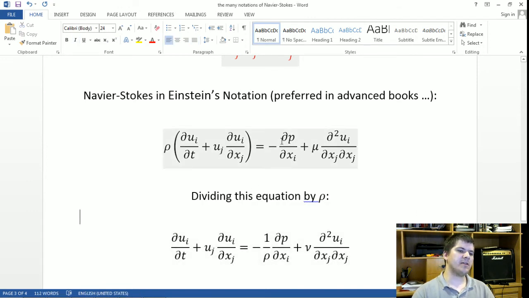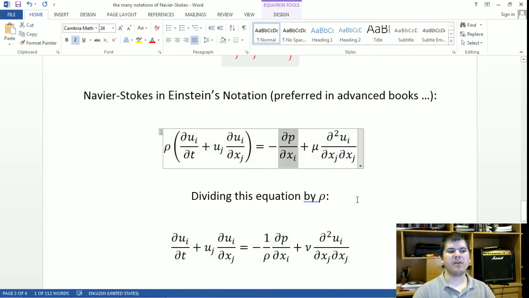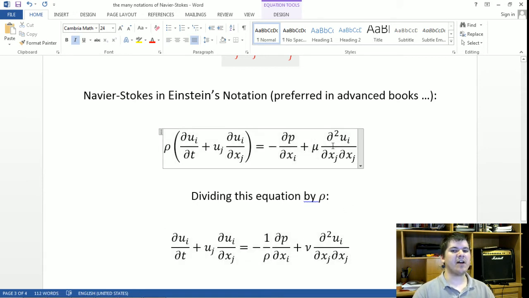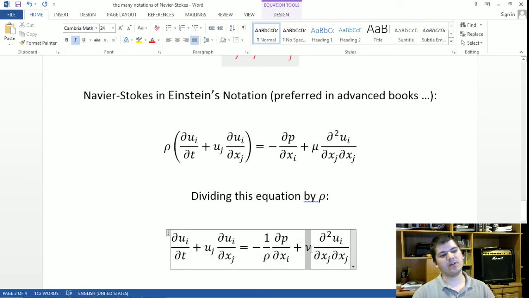As you can see here, the gradient of P, pressure, gets divided by ρ. And here, when you divide the dynamic viscosity by ρ, you obtain this new constant, which in this case is nu. Okay, this is known as the kinematic viscosity.